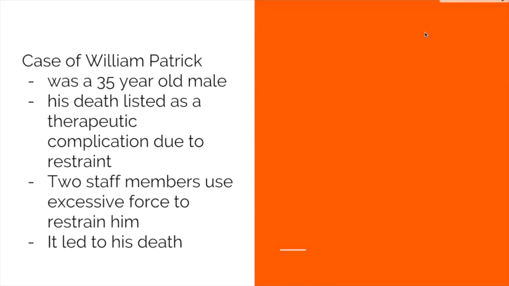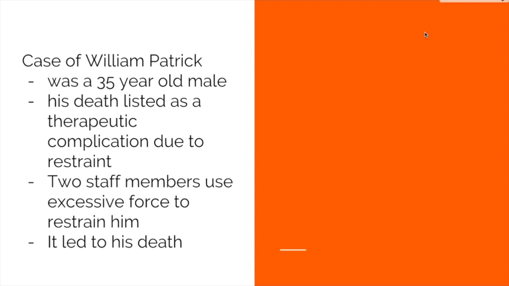So, an example of how using restraints could have a harmful effect on a client, the case of William Patrick. His death is listed as a therapeutic complication due to restraint. Patrick was involved in an argument with another resident at a state run group home.